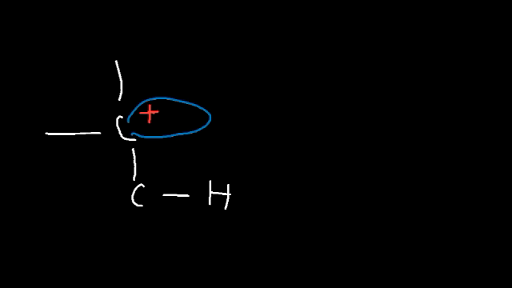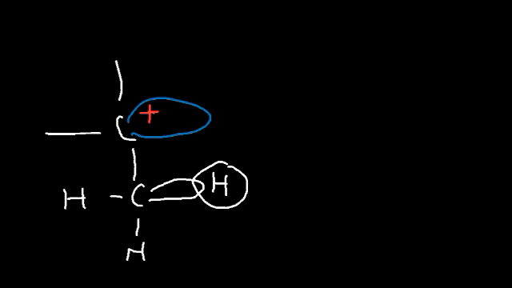So let's say we have our carbocation center, which really wants electrons. It's starving for it. And so we have this empty p orbital. And here we have a CH3. Let me redraw this a different way. So here's the sp3 orbital of the carbon atom, and here's the s orbital of the hydrogen atom.